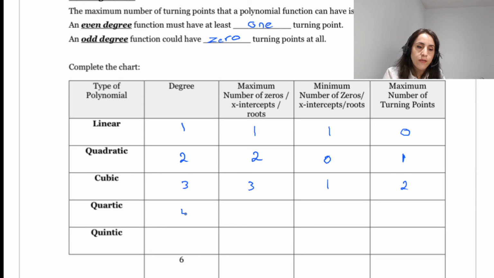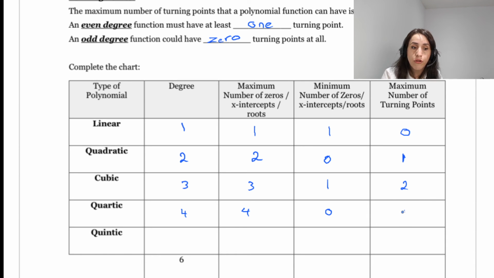Quartic function, degree 4. The maximum number of zeros, because the degree is 4, is 4. Then the minimum number of zeros or x-intercepts, because the degree is even, is 0. And what is the minimum number of turning points here? Do you remember? It's a quartic. How many can I have as a minimum?